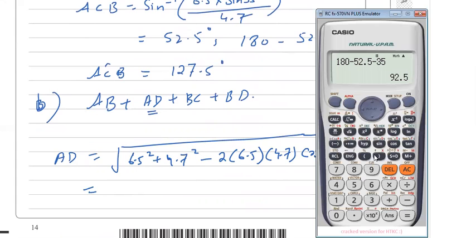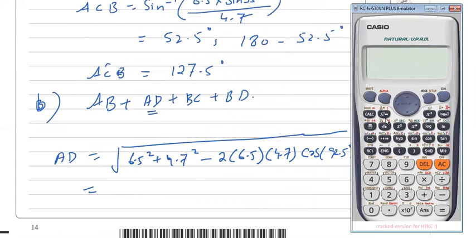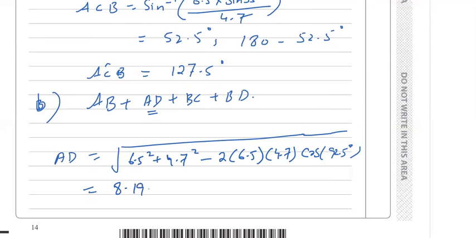Let's calculate it: square root of 6.5 squared plus 4.7 squared minus 2 into 6.5 into 4.7 cos of 92.5. That is 8.81. Rounding to 3 significant figures, it will be 8.19.